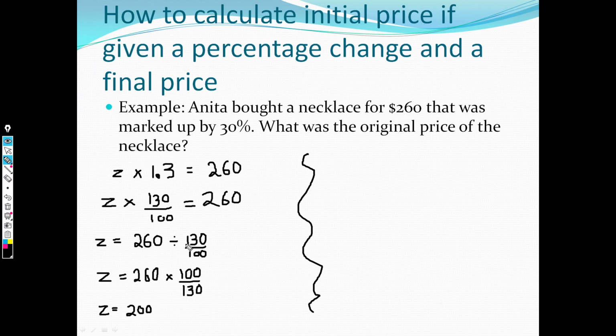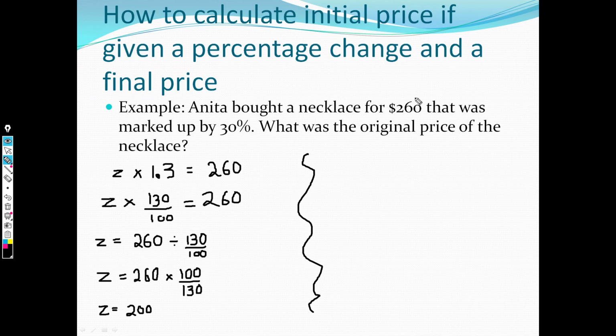Okay, now that's the first way that we saw how to do this. The second way that we saw how to do this was using proportions and proportional reasoning to set up a proportion that you can then cross multiply and solve for z. Now here we have to understand that this price right here has been marked up by 30%.